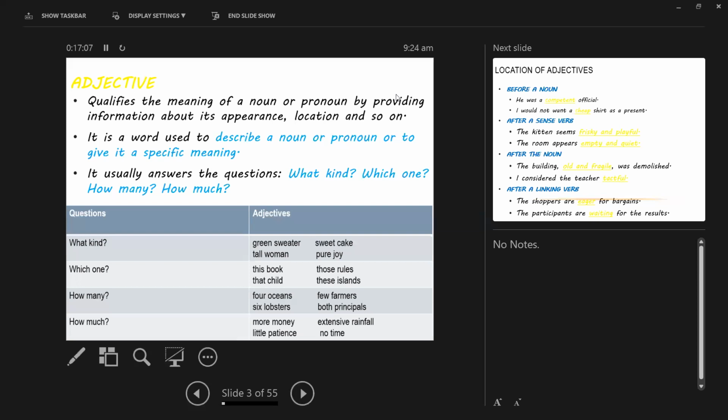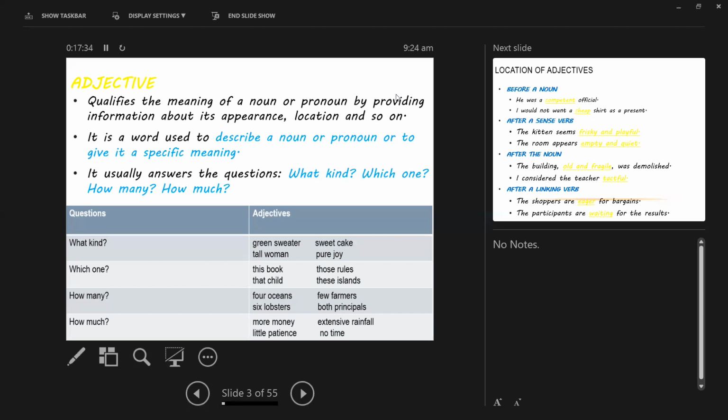For example, the dress. When you just say the dress, it's a pretty dress. That's an adjective. However, if you use other words such as it's an elegant and extravagant dress, it modifies the meaning. Meaning it's not just a simple pretty dress, it's an extravagant and elegant dress.